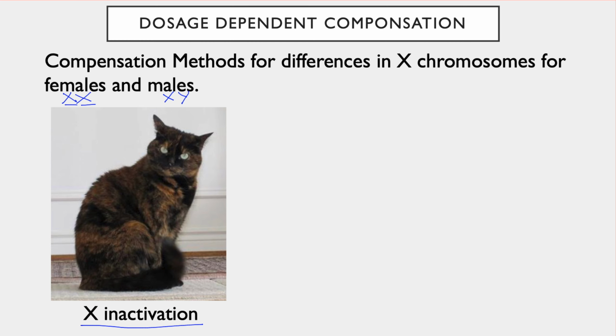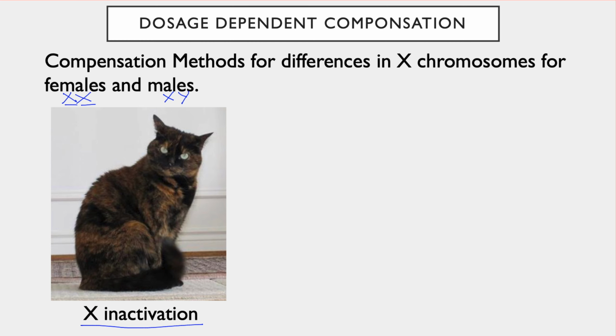X inactivation is very readily seen in the example of the cat. And so you have a fairly grumpy cat looking at us here. If you look at the cat, it has several different colors in the coat, and the coat color is actually located on the X chromosome. After fertilization, the zygote will divide and you'll end up with an embryo that has several thousand cells.